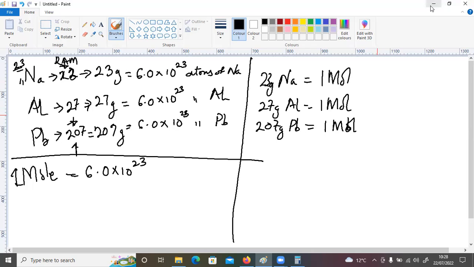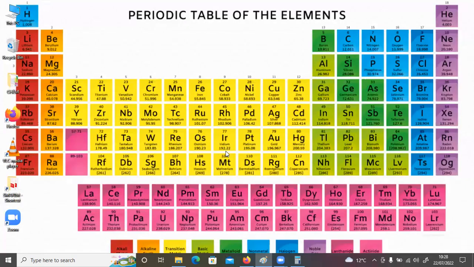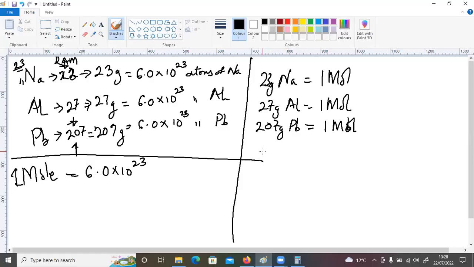I will go to the periodic table and pick a random atom. I don't know, it is iridium, or this is platinum, Pt. It's 195. So if I take 195 grams of platinum, Pt, that is equal to 1 mole of platinum.